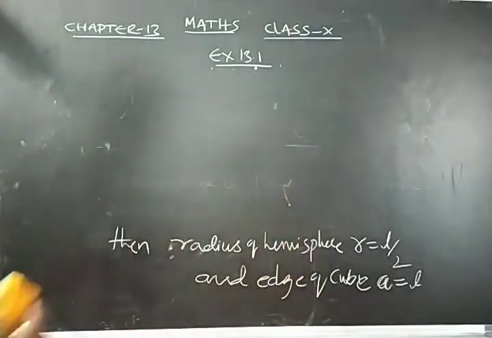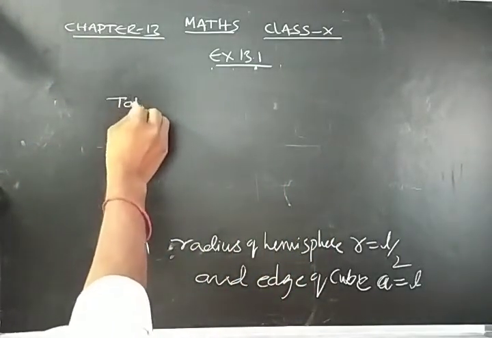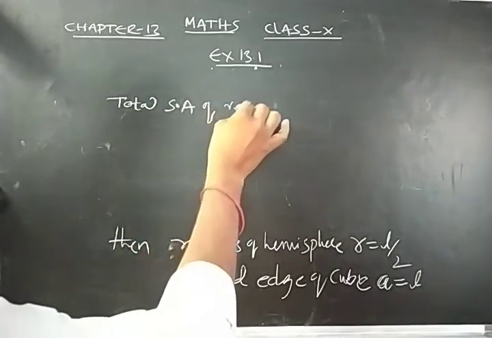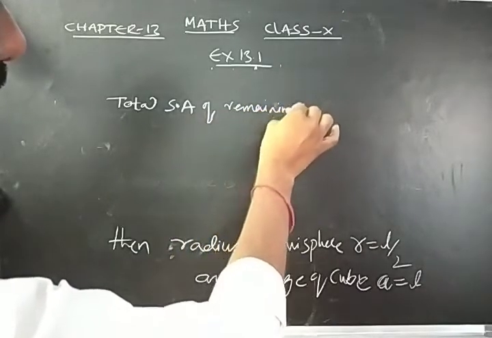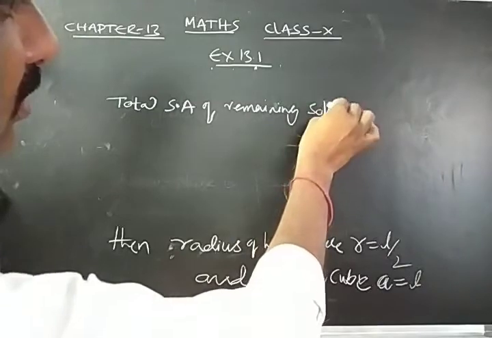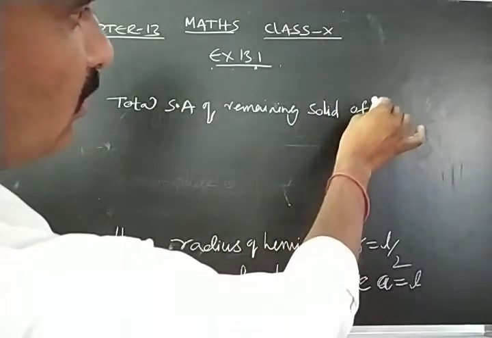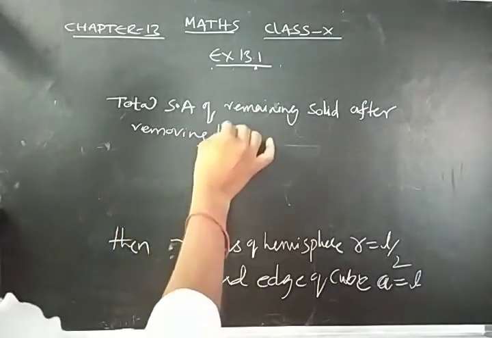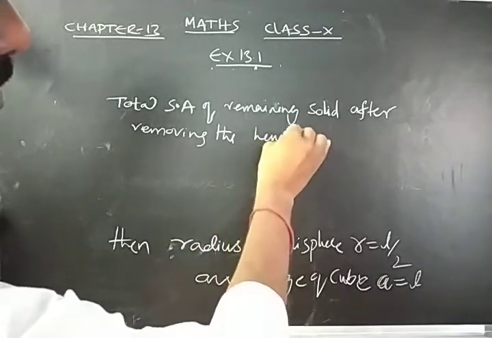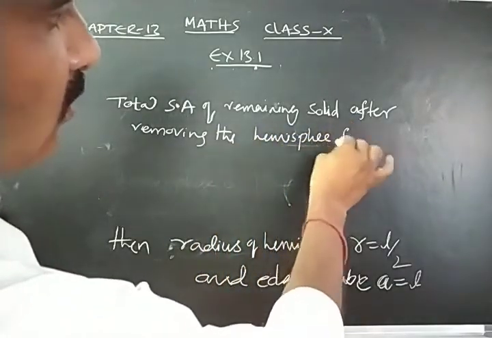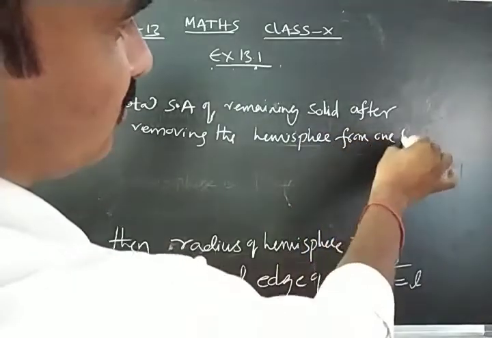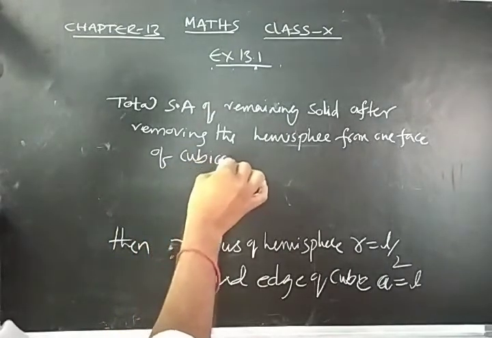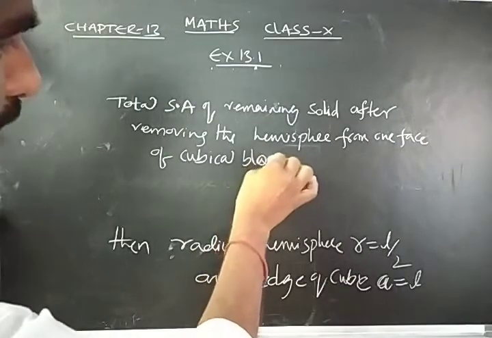So how to get the total surface area of the remaining solid after removing the hemisphere from one face of the cube or cubical block?